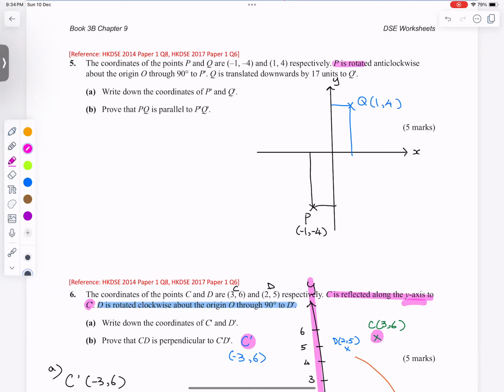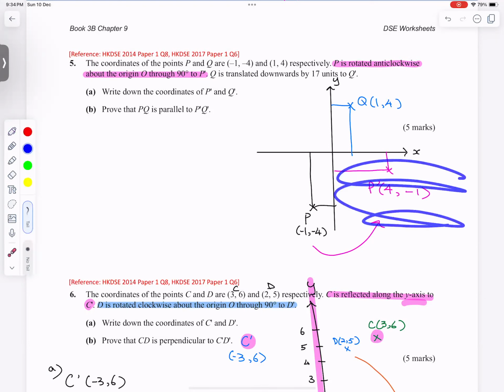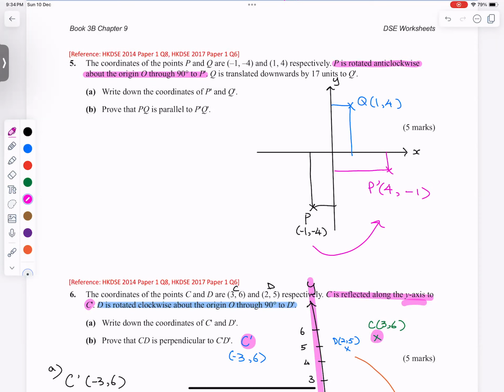P is rotated anti-clockwise to the new P. So anti-clockwise this time, we won't fall for the trap. We do actually. Anti-clockwise is that side. And how many boxes? One box. Just one box. And then every 90 degrees, we switch numbers. Because on this box, the Y is negative, so you also put a negative sign there.